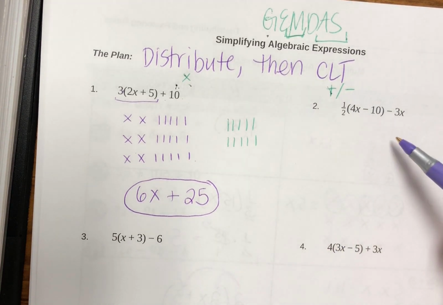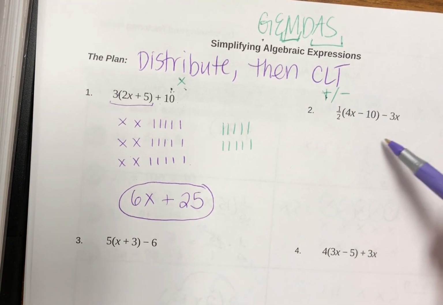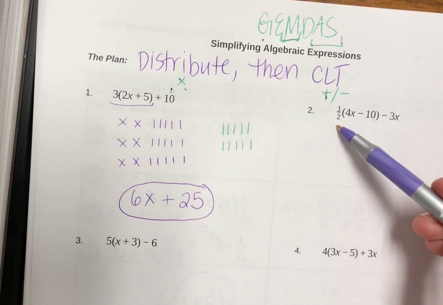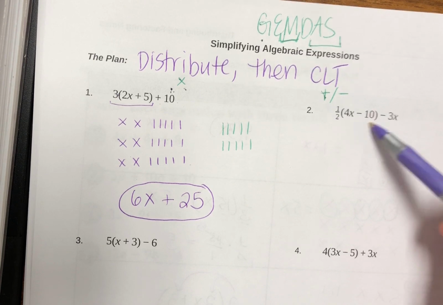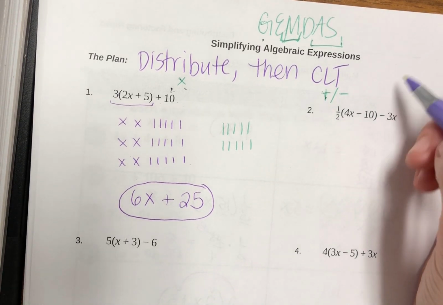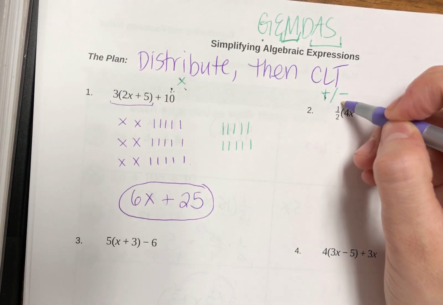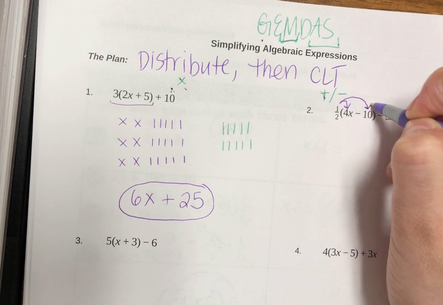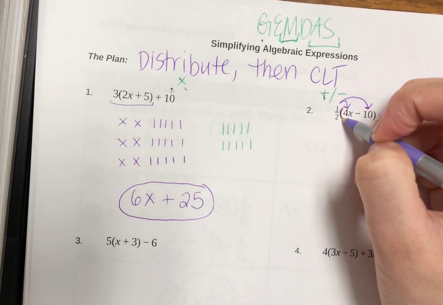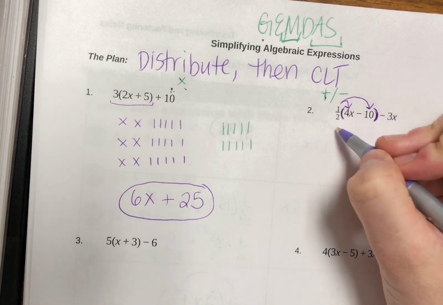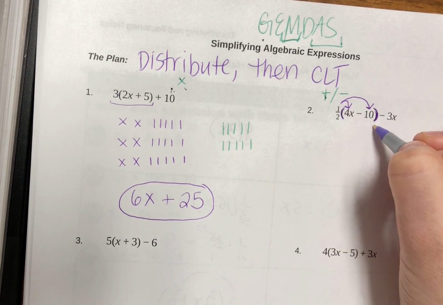Let's look at the next problem using the distributive property. In this problem, it says I have half of 4x minus 10, and then I need to take away 3x. So I'm going to start by distributing that 1/2 to everything inside of the parentheses, but not going beyond where those parentheses stop, because this 1/2 is only applying to the stuff in this group.